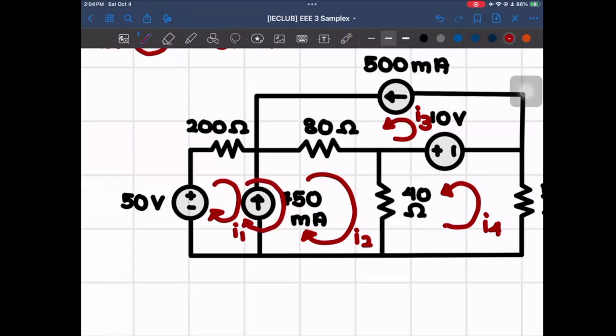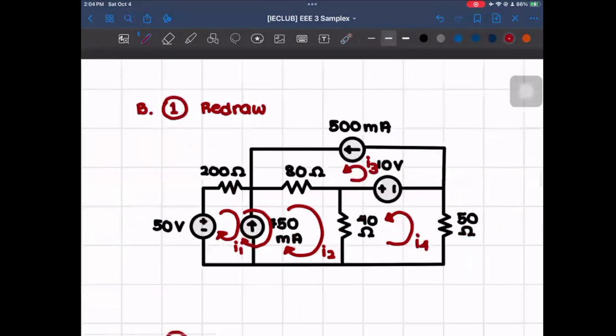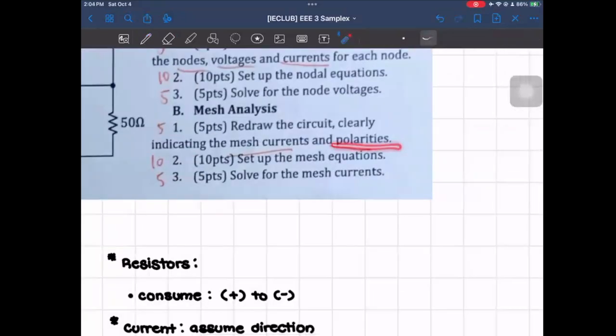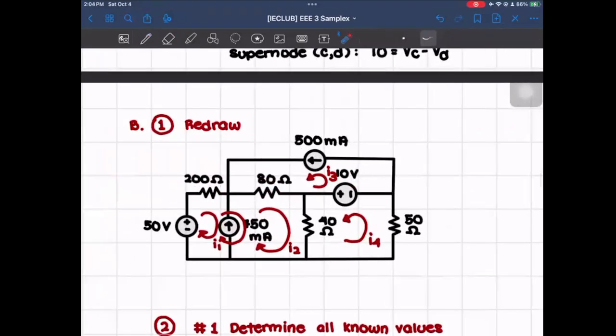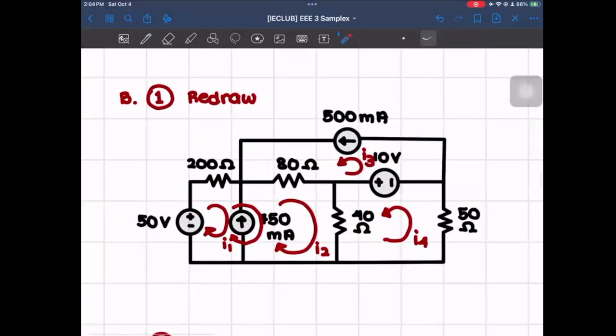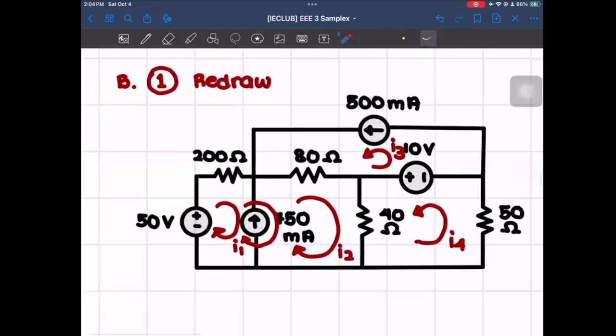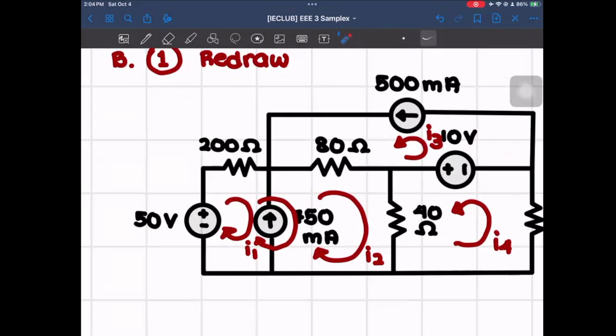And then next, what we'll have to look for is the polarities. Aside from the direction of our mesh currents, we could also determine the polarities of our resistors. The polarities of the resistors greatly depend on which mesh current they're in. So for 200 ohms, since the only mesh current that it is in is I1, we can already know that it's going to be from positive to negative, since it is a resistor.